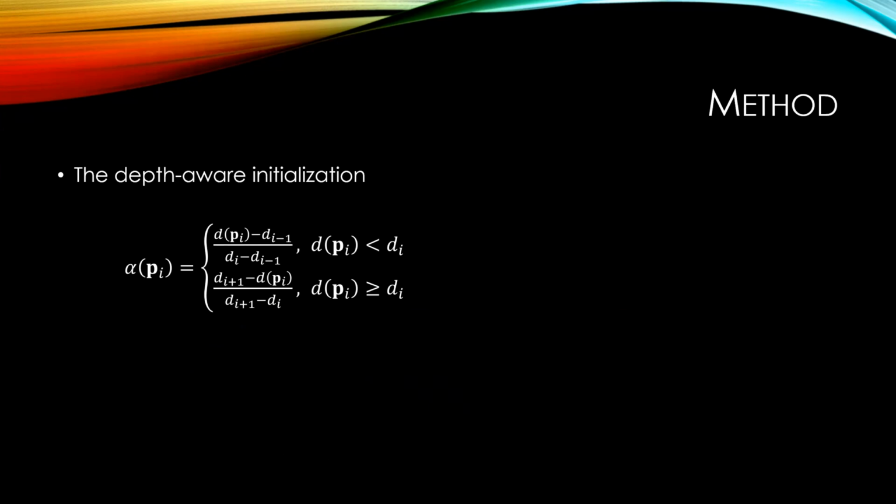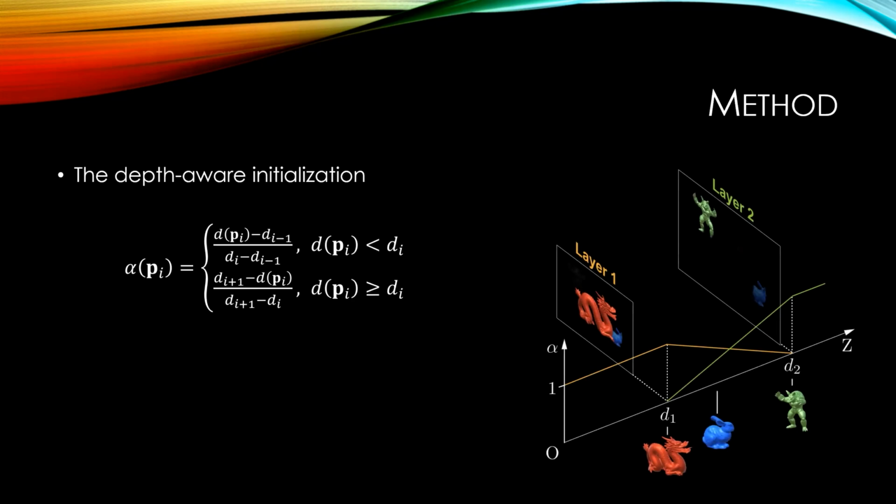Colors of the rendered scene are assigned to a layer with a weight alpha calculated by the formula. Here we choose an example. For objects before or on the first layer, we assign them to the first layer only. For objects after or on the second layer, we assign them to the second layer only. For objects between two layers, we assign them to two layers according to the distances.